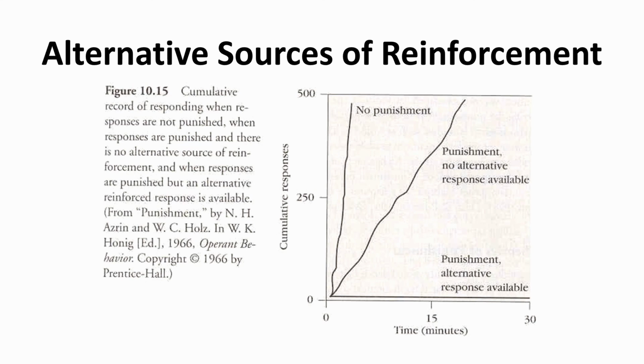So they'll do the bad things even though it gets them in trouble because they have nothing else to do with their time. This pattern of responding is shown across lots of different examples between humans and rats and a bunch of things in between. So it's pretty well known that having alternative sources of reinforcement helps reduce the occurrence of those problem behaviors.